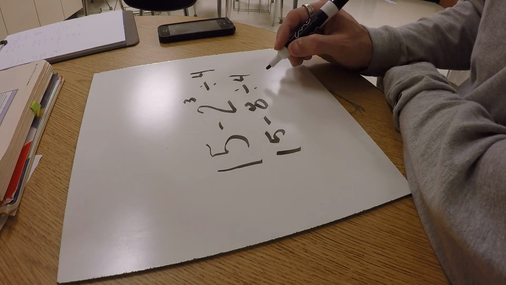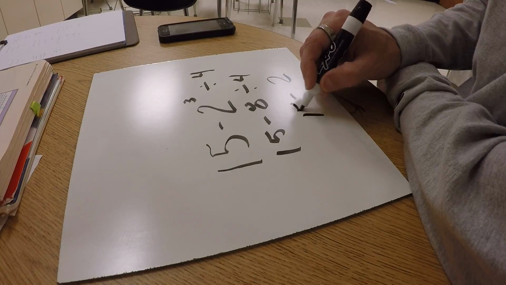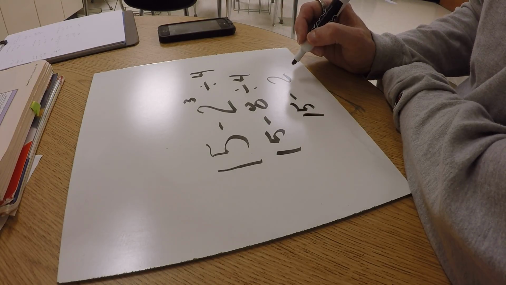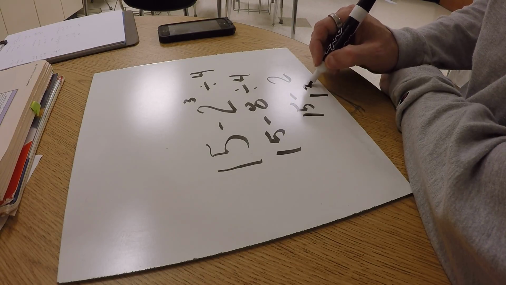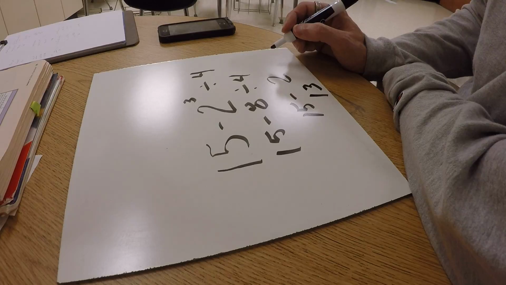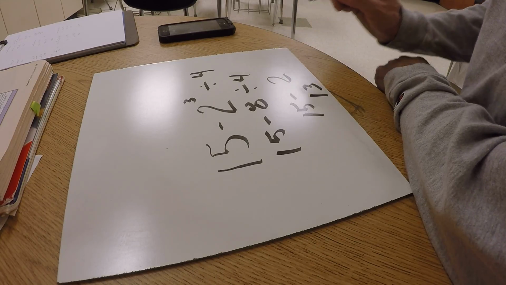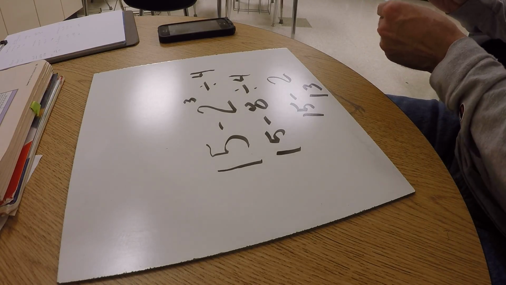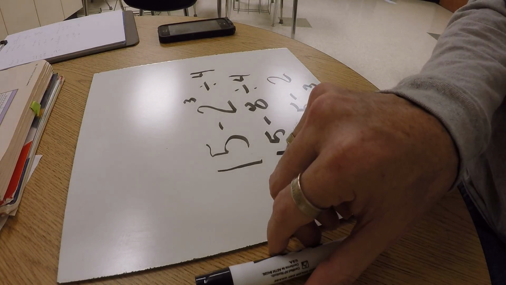8 divided by 4, we're going to come up with 2. 15 minus 2, and I hope you said that was 13. Okay? So that's working one with the exponents.